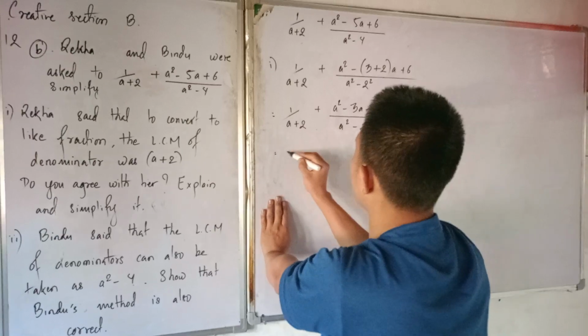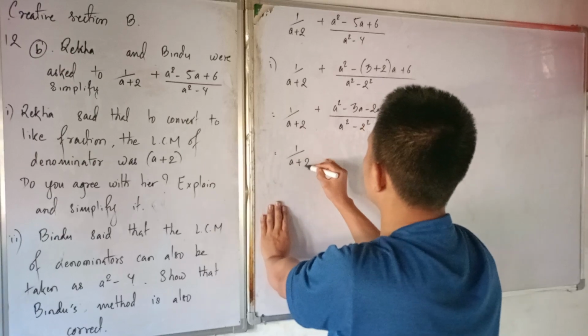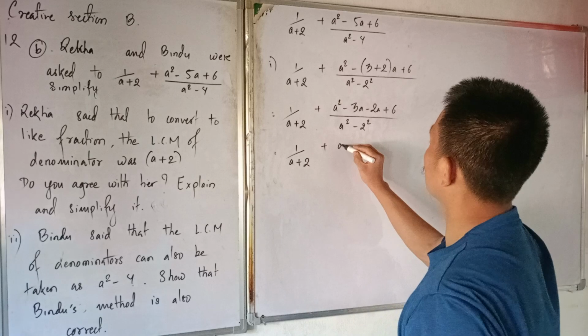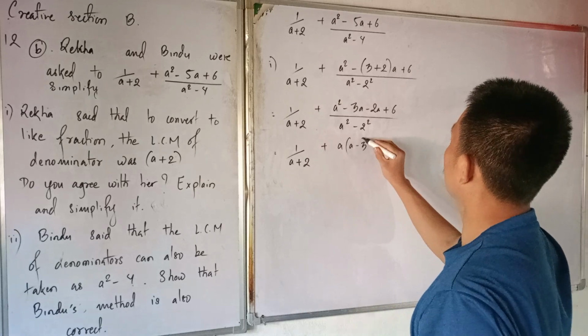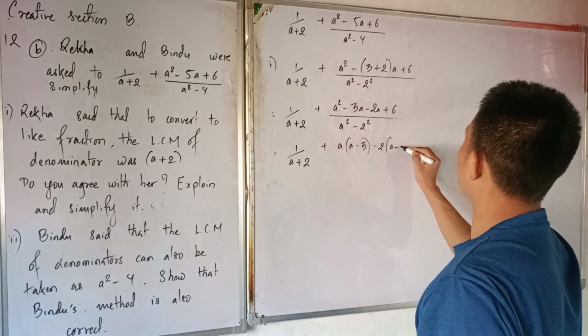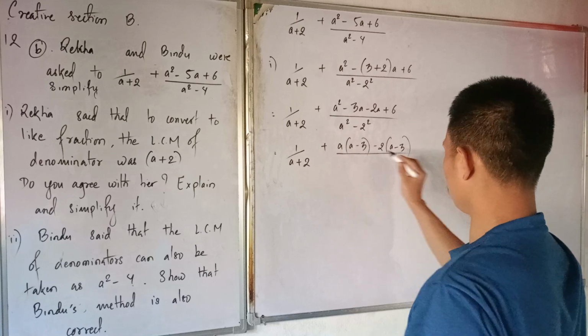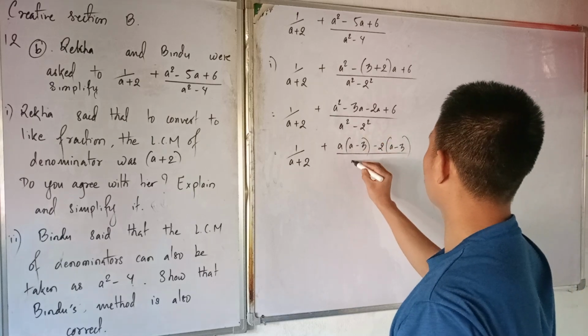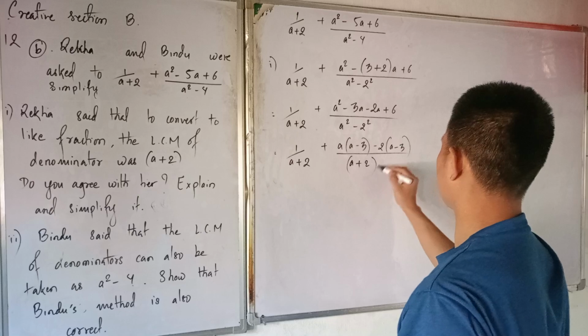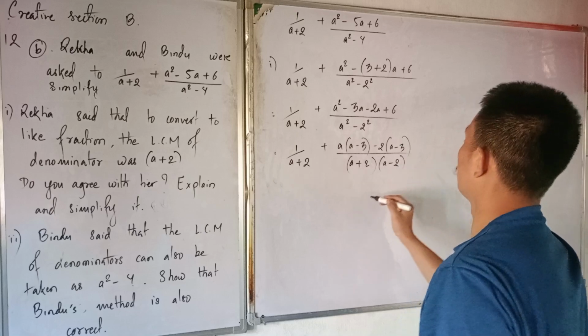1 by a plus 2 plus, taking a common, a minus 3 minus 2 times a minus 3. And a square minus 2 square can be written as a plus 2 times a minus 2.